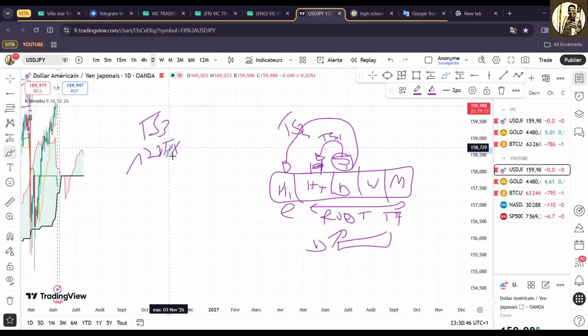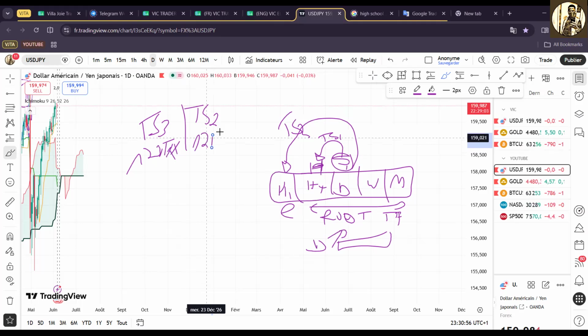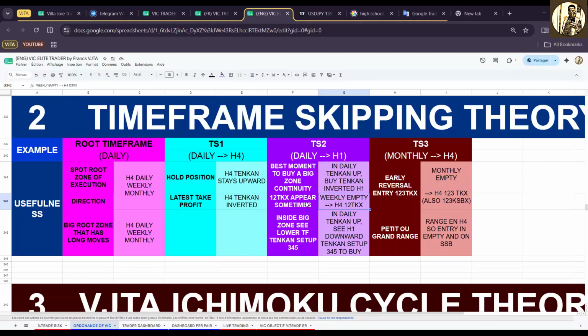The time frame skipping by 3. But in this case, I just want to show you that even the TS2 can create a 1-2 TK cross. It means that it's not the first TK cross to the downside that will play out, but the second one. And you need to be aware of that too, mostly on big time frames.